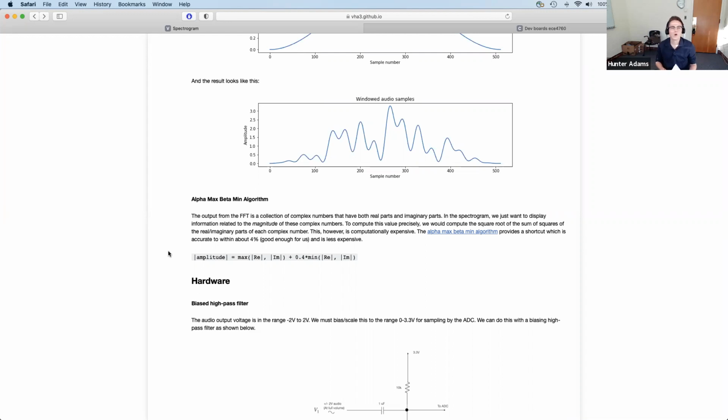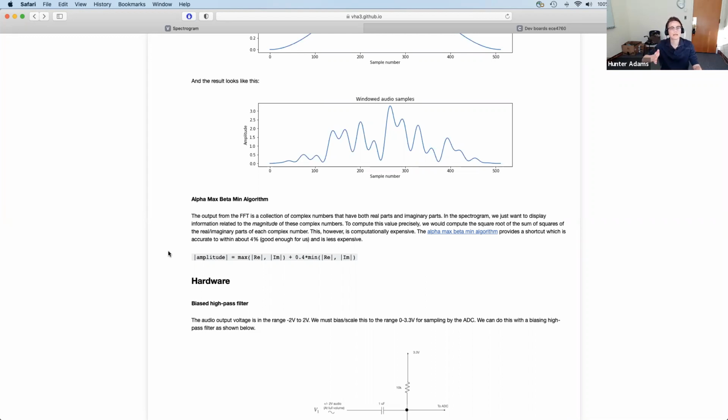Questions about this? Why 512 samples? Why does that make sense? Well, it turns out that for purely real inputs to the FFT, the output of the FFT is mirrored across the n/2 sample.